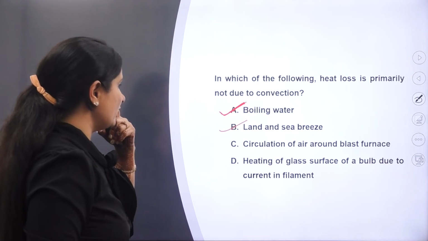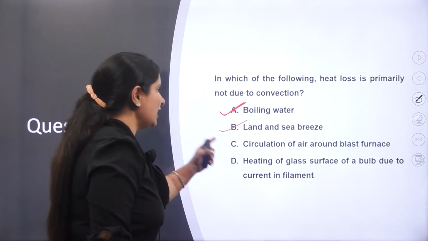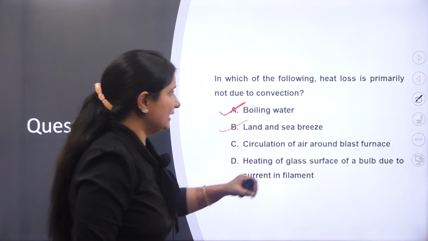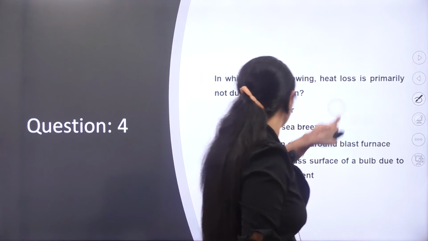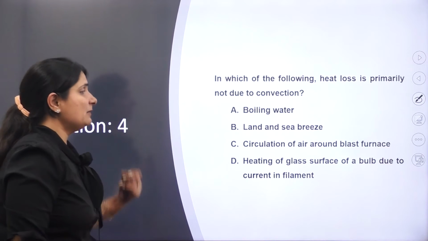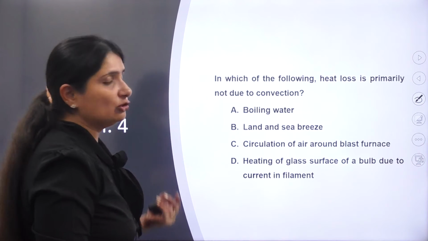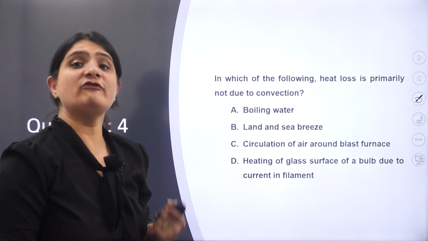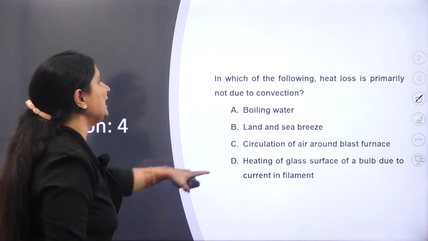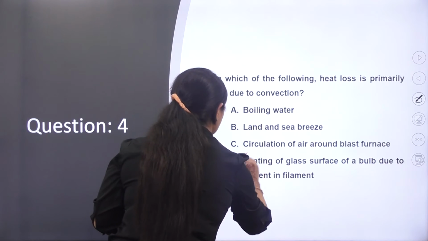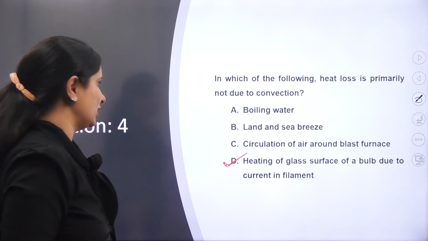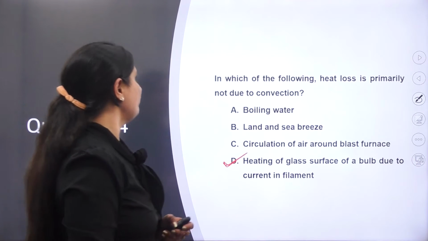And then circulation of air around a blast furnace again involves the movement of the particles. But D, where there is heating of the glass surface of a bulb due to current and filament. Because the filament heats up, the heating of the glass surface is because of the radiation mode of heat transfer. So option D is the right answer. It is not due to convection. It is radiation here.